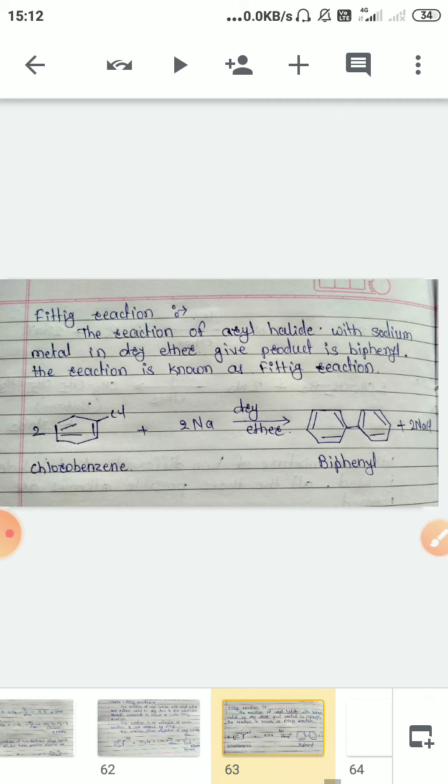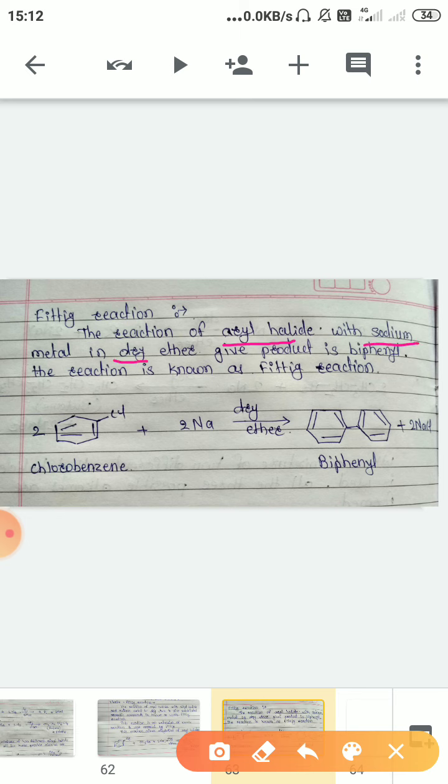We'll see the next one, only the Fittig reaction. The Fittig reaction means both are aryl halides. That means the reaction of aryl halides with sodium metal in the presence of dry ether gives biphenyl, and the reaction is known as the Fittig reaction.